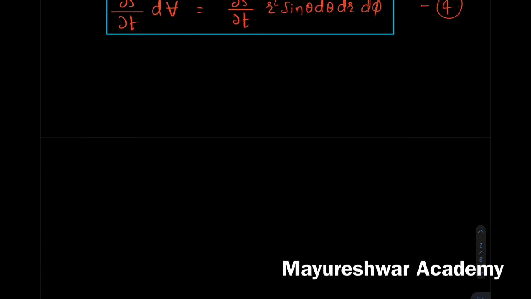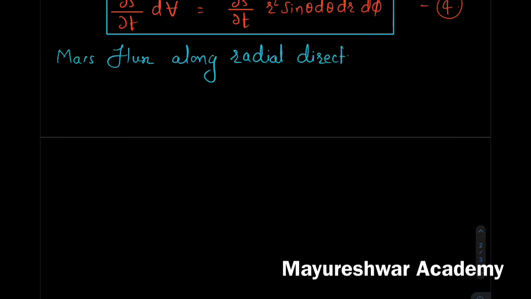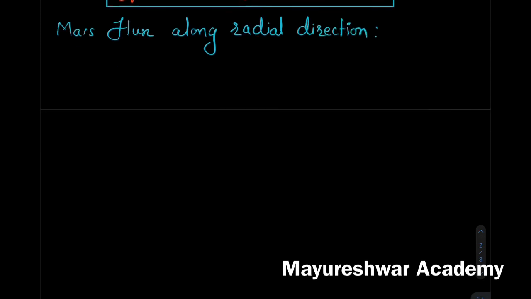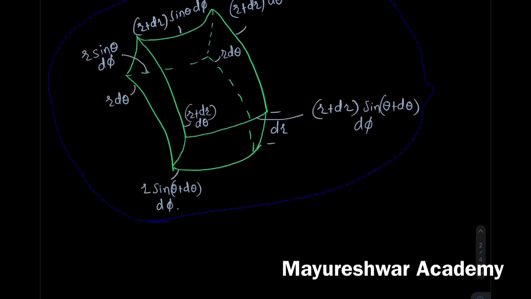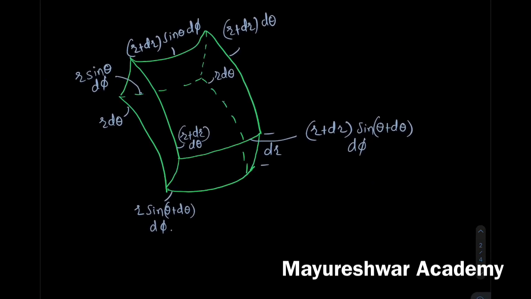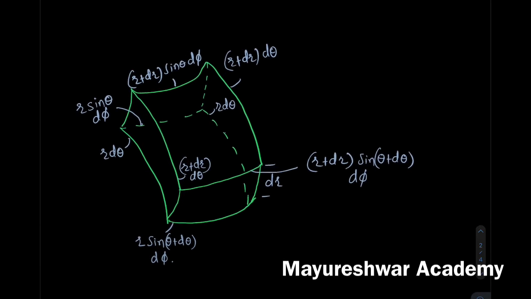Okay, so now let us try to directly formulate all the fluxes along each and every direction. So mass flux along, let us say, the radial direction, which is r direction. So let us try to paste that fluid element. Okay, so these lengths are already known.